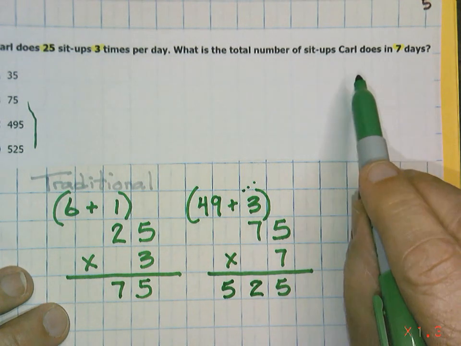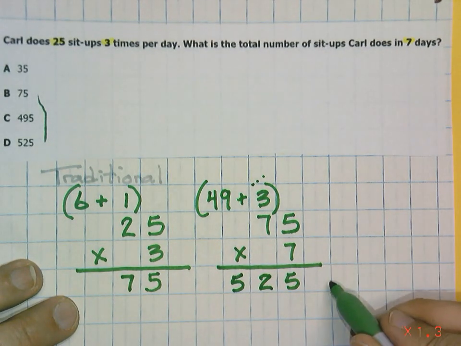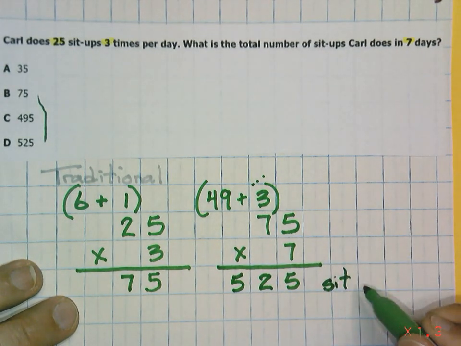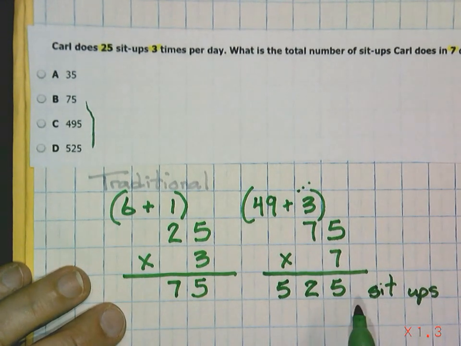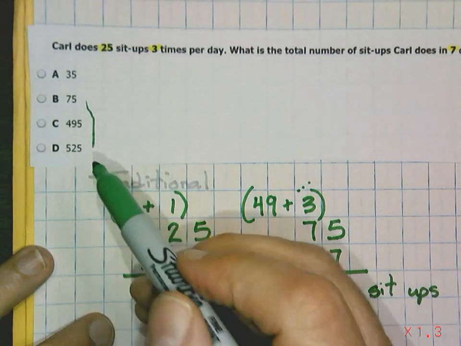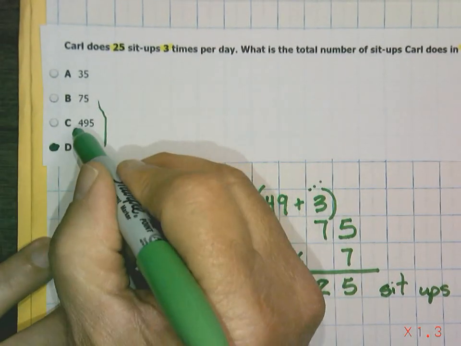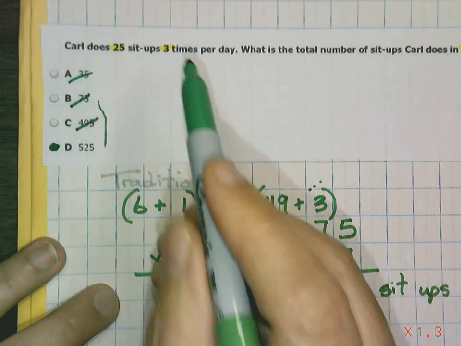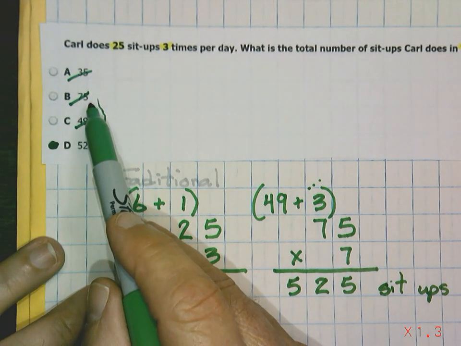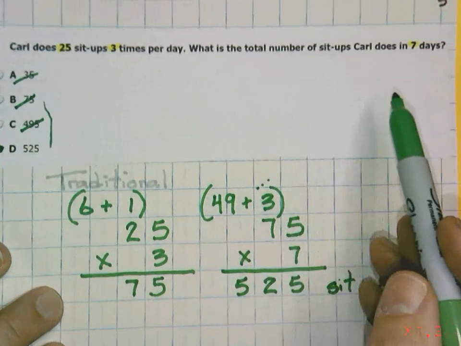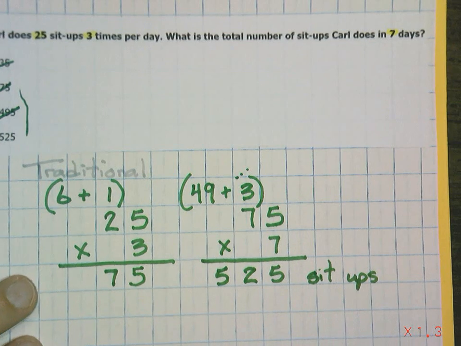So the total number of sit-ups that he does in 7 days is 525 sit-ups. And do we have that over here somewhere? 525. Yep, I'm seeing it right here for answer D. So a little bit tricky because if you didn't look at it carefully, you may have accidentally put your answer here, but there really was that extra step where we multiplied 2 times.